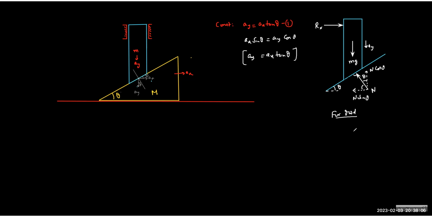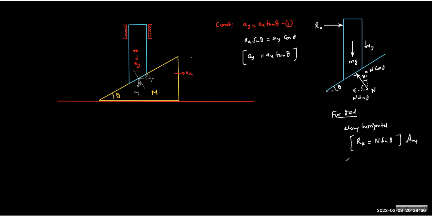In the horizontal direction, there is no acceleration, so all forces are balanced. So along the horizontal direction, AX for the rod is 0, so all forces are balanced. We can say Rx is basically N sin theta. Generally, they don't ask for Rx, so you will not see this question, but they may ask.